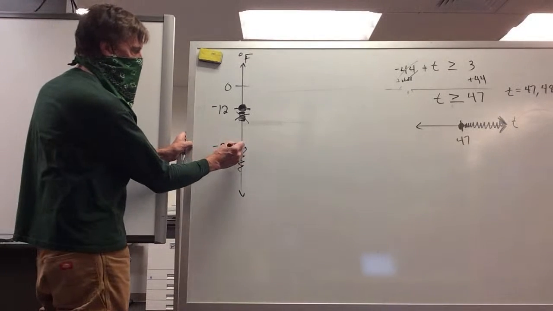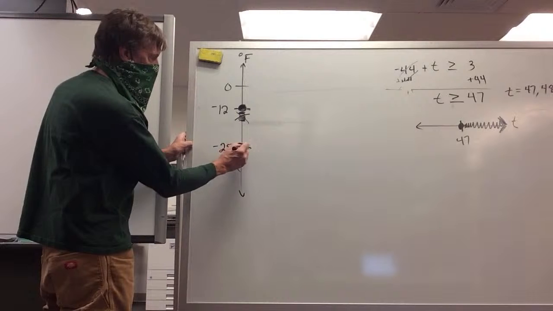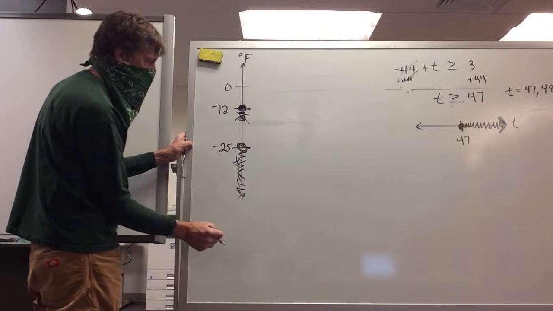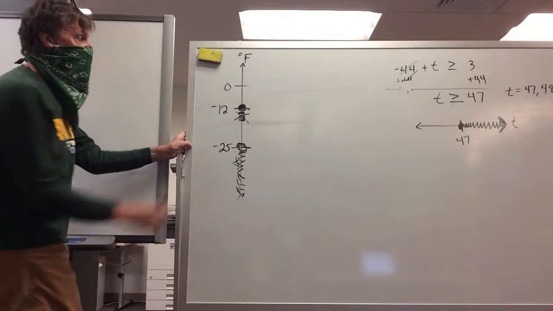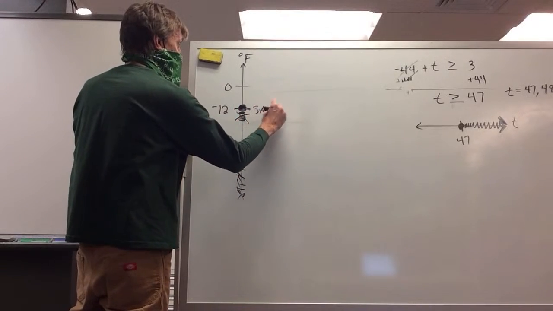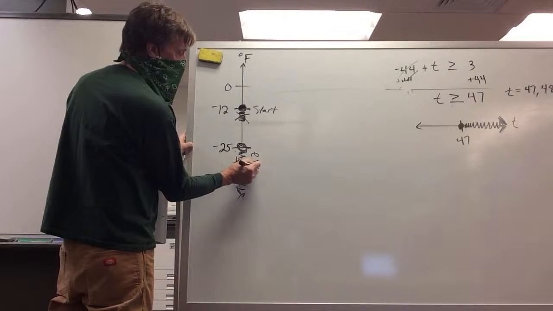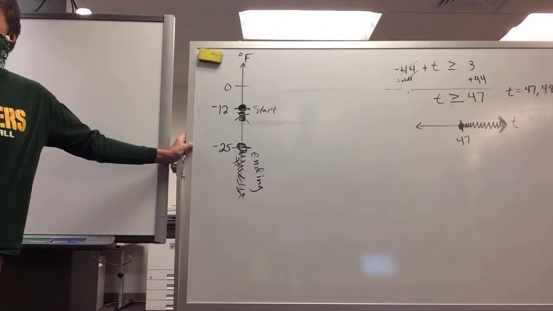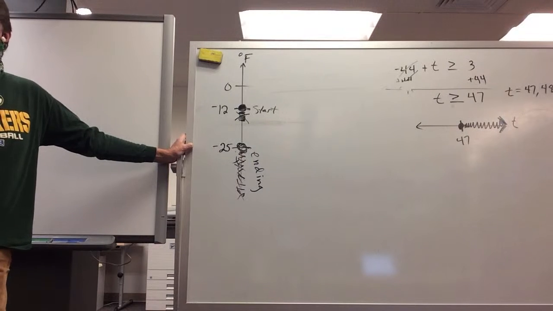So the temperature got not 25 below, but it got colder. So it got all these temperatures down here somewhere. So if it started here and it ended somewhere along here, how much did it change?